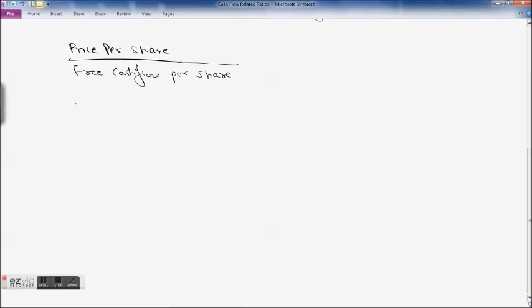For more information on free cash flow, there is a separate video, you can see that. So what does this show? This shows the expectation of your shareholders versus how much is the actual free cash flow available to the shareholders.